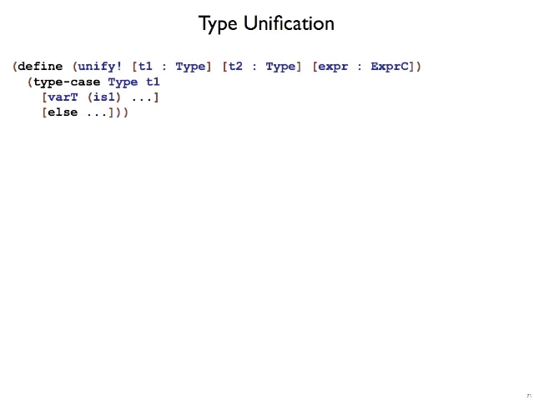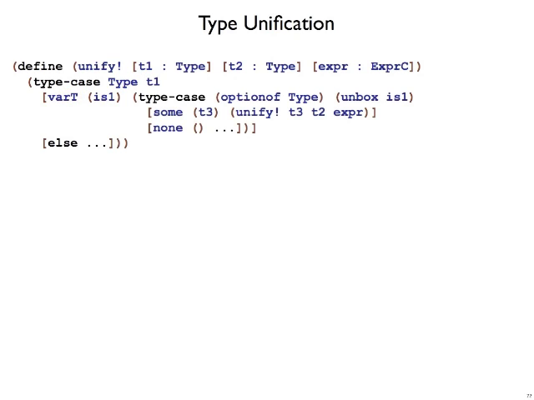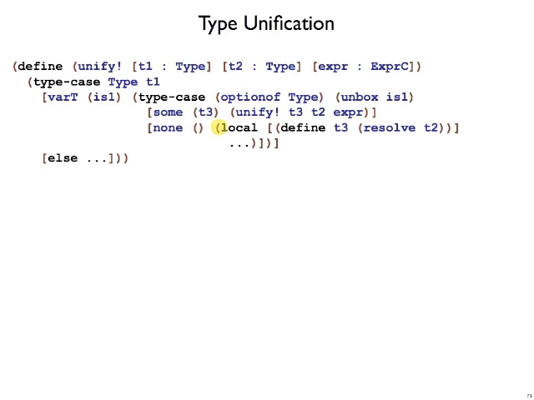So now we can go back to the case where T1 is a type variable. In that case, is1 is a box that we look inside to find out whether this type variable has already been assigned a type. If it's already been assigned to a type T3, then we just use T3 in place of T1 and recur, comparing that again to type T2. Otherwise, T1 is a type variable that has not been assigned before.